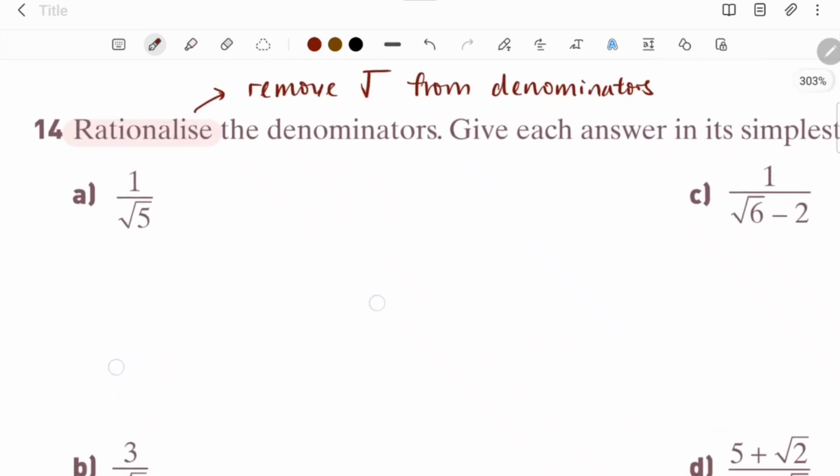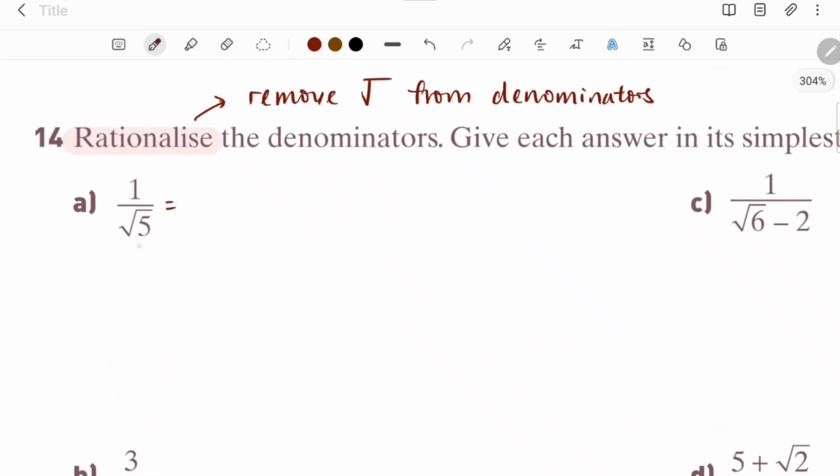So let's look at A. It's over here. So how should we rationalize it? 1, we multiply it with surd 5 over surd 5.